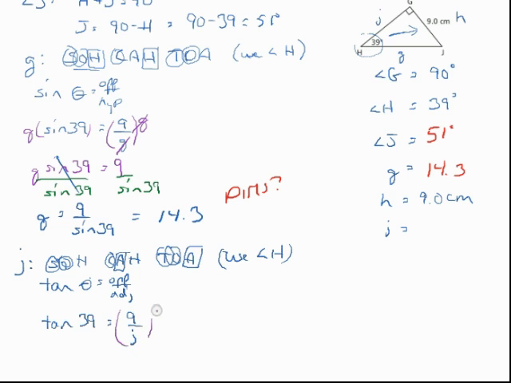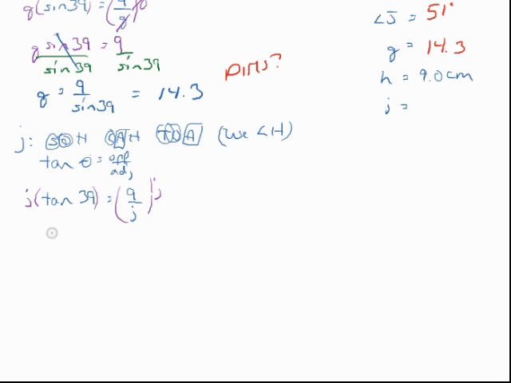I have to multiply this side by J, and multiply this side by J. Need to scroll down. We have J times tan 39 equals 9, because those J's have canceled out.